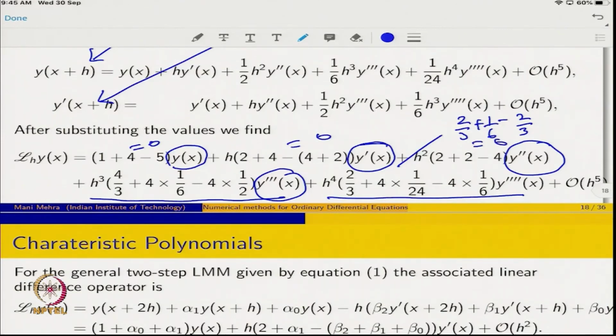And here we have to see, so this is 4 by 3 plus 2 by 3 minus 2. So, this will again be 0. This we have to see, so this will be 2 by 3 plus 1 by 6 minus 2 by 3. So, this is the non-zero term. So, this will be order of h4. So, the order of the difference scheme will be 3 in that case. If L_h y(x) is order of h4, the order of consistency will be 3, that is what we have already seen.